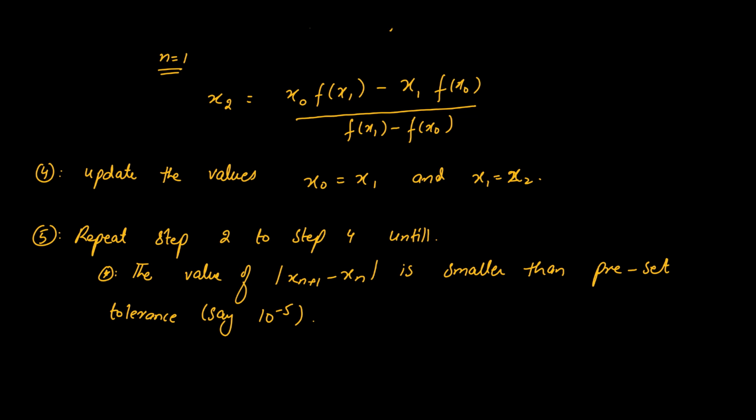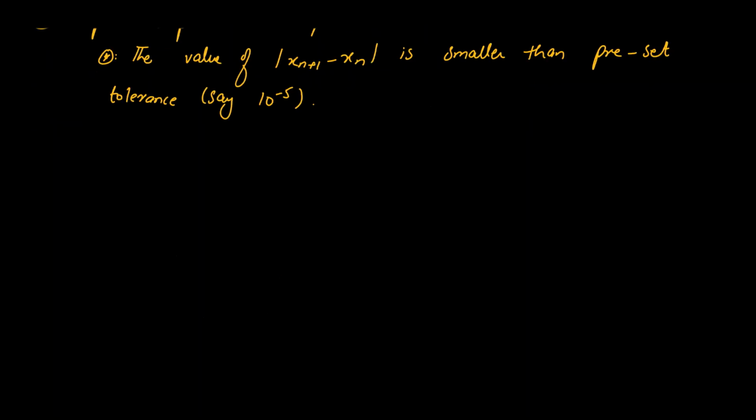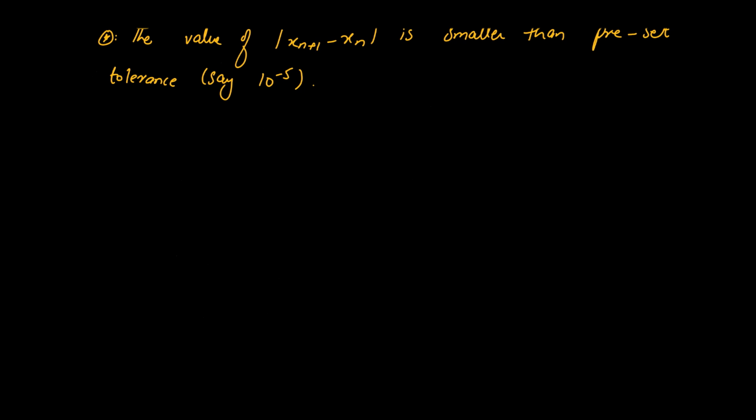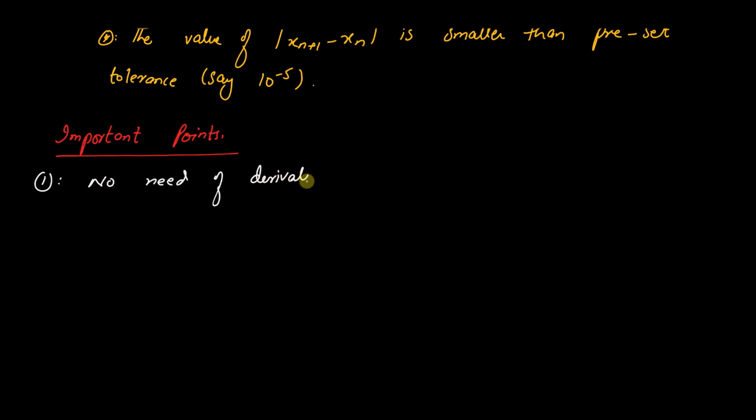So the key characteristics, or the most important points about this method you all need to know. Number one is no need of a derivative. Unlike the Newton-Raphson method, which requires computation of a derivative, this method only needs function values, but not its derivative.